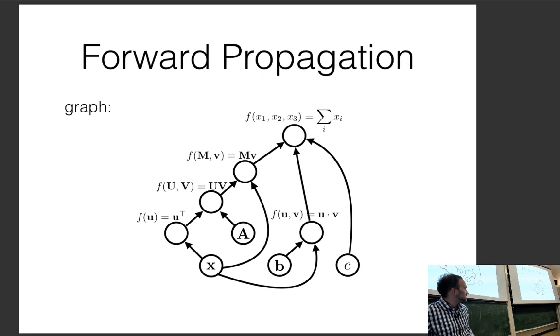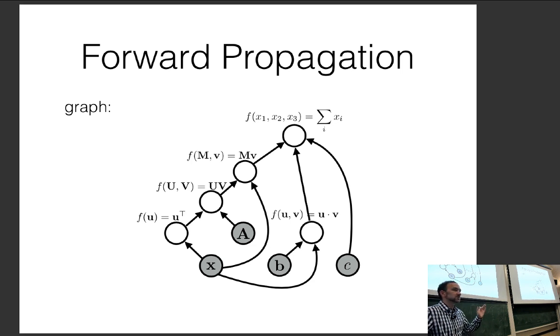For forward propagation, what this means is essentially you start out with the values that you already know. So these are fundamental inputs to your graph. Maybe you got them from your data, or maybe they're parameters of your model. So these become initialized at the very beginning.